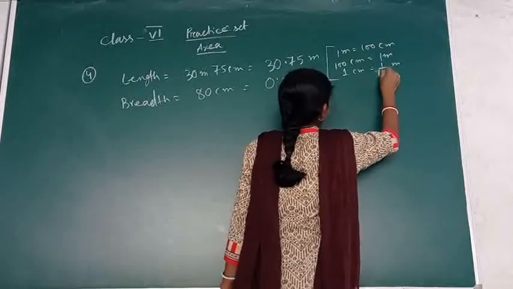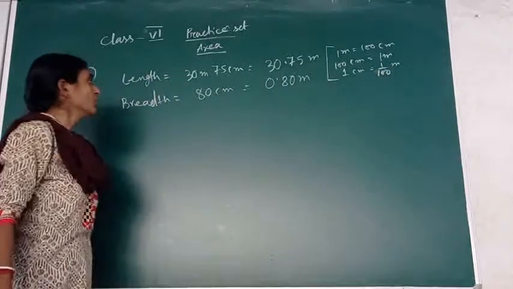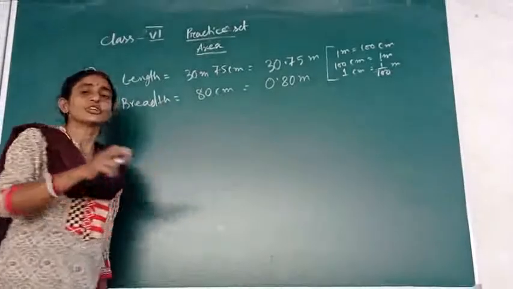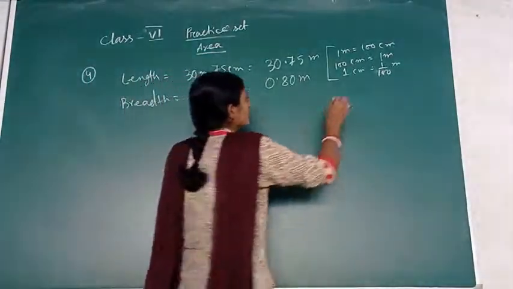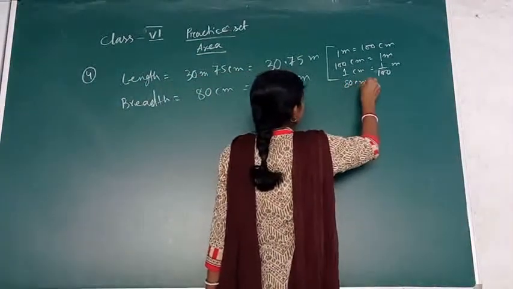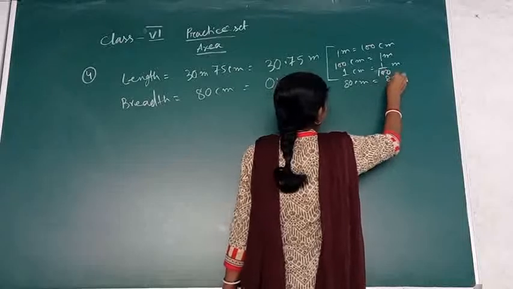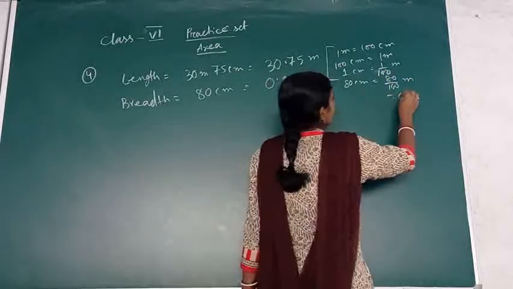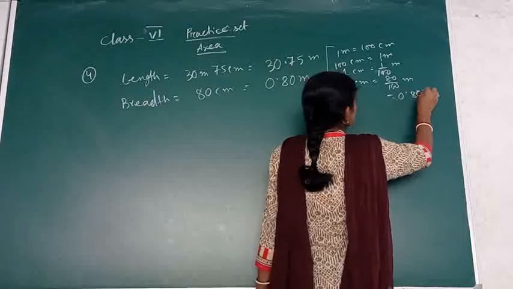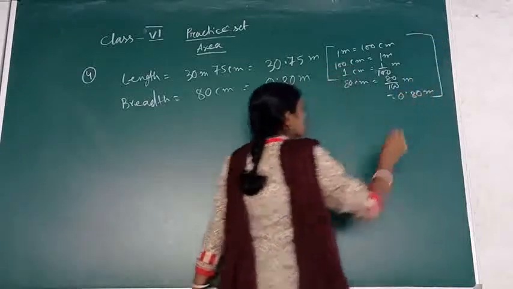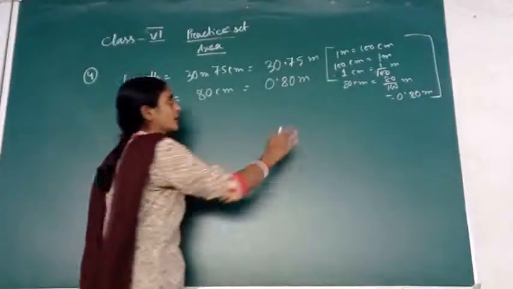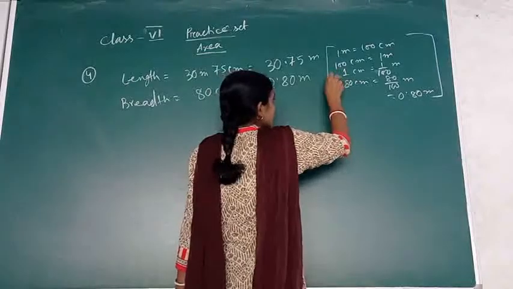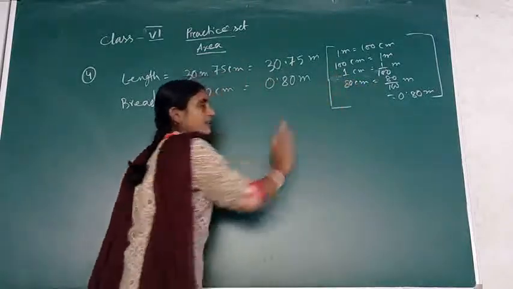Now, if you have asked 80 centimeter means how many meter, what you will do? So 80 centimeter equal to 80 by 100 meter. So it's better if I am putting here 0.80 meter. Yes, this is the process of conversion which we already have done in our previous classes, but for recall only I have done it here.